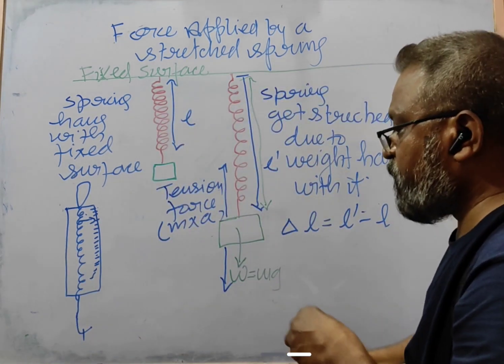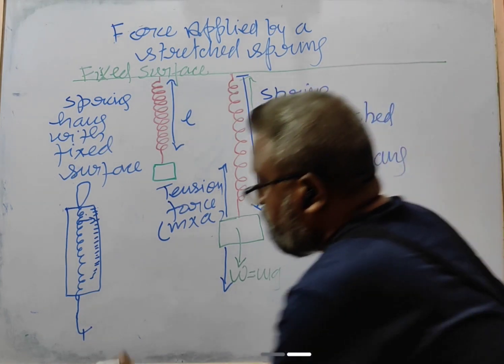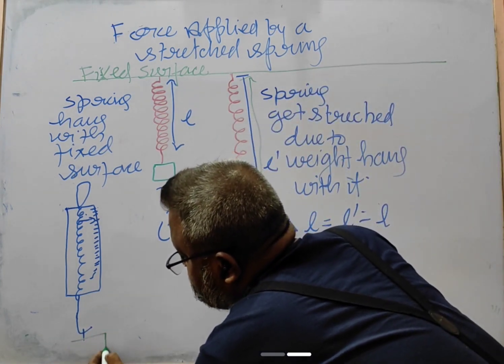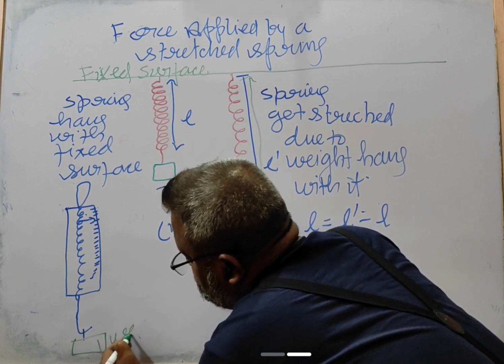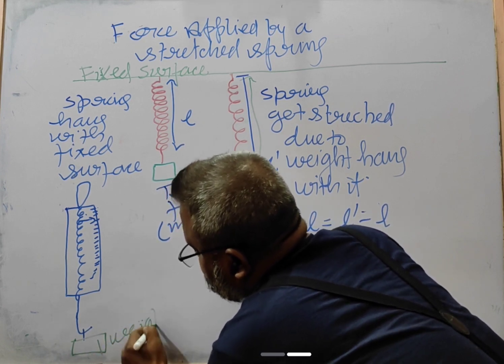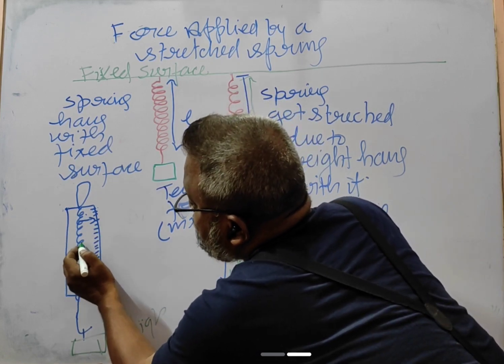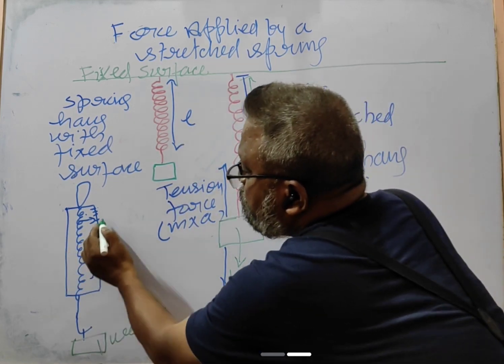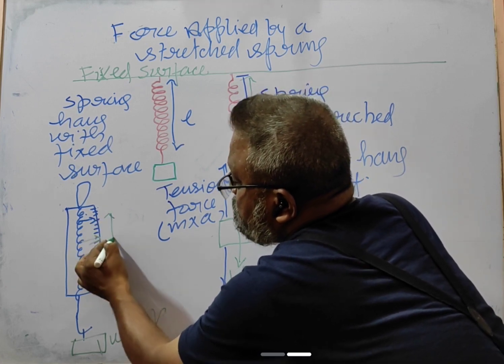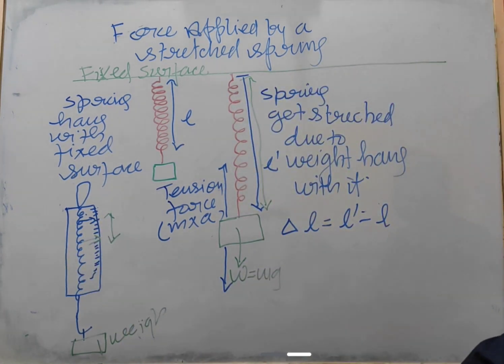When you hang a weight, then what happens? This pointer comes here, suppose, due to the weight. Due to the weight, its position gets changed, right?